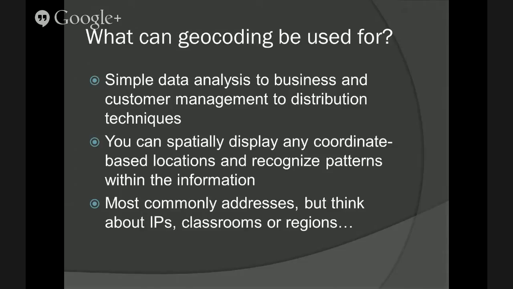We might want to know how many students are in a classroom at a certain time of day, and if the university gave us tabular information on what the classroom name was and how many students were in there at a certain time, we could effectively plot that information on a map using different types of geocoding operations.